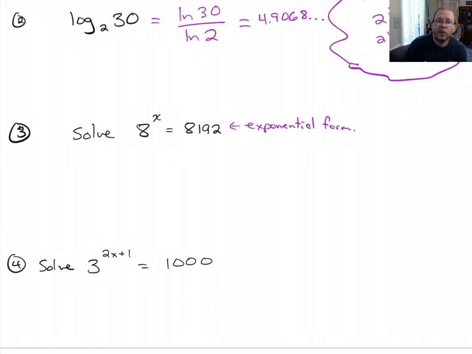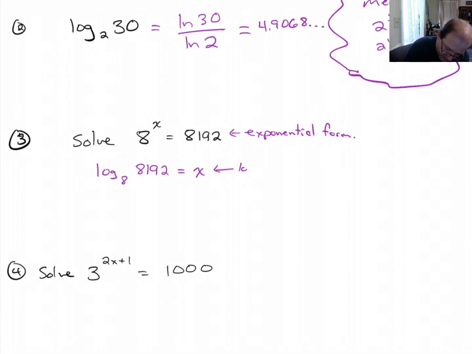If we rewrite it in logarithmic form, we would say log base 8 of 8,192 is equal to x. That's one way you can think about doing this, is just rewriting it. And we could solve it from here.